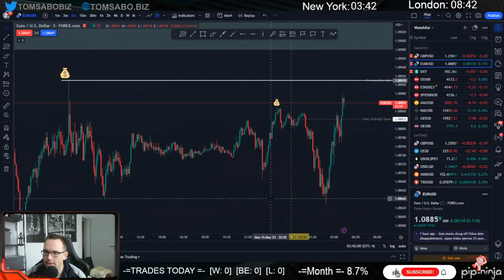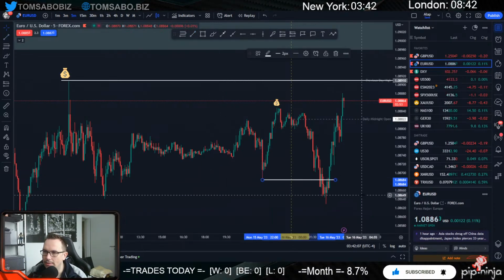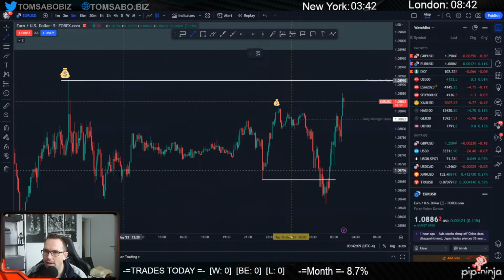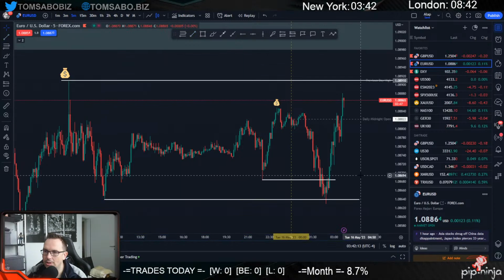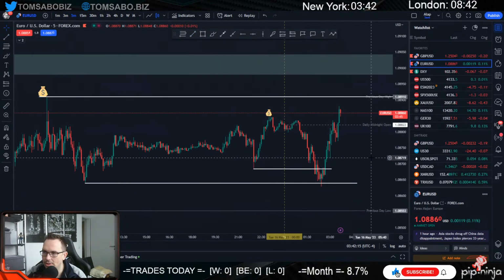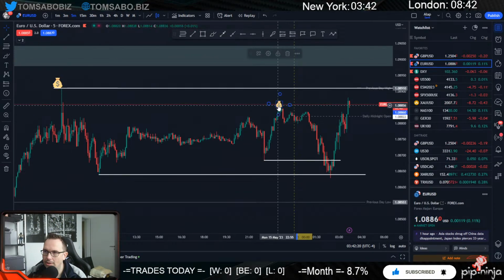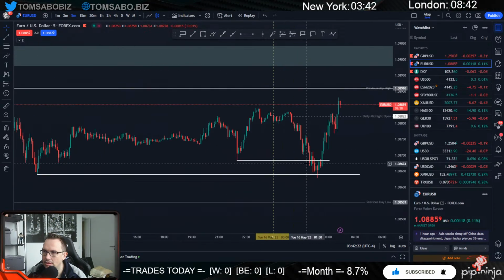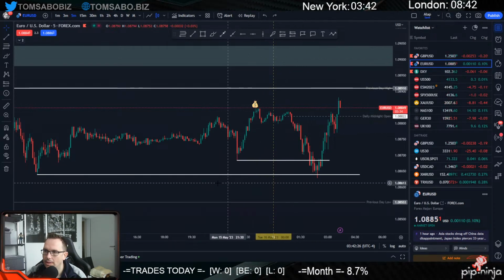But look at this. Took out Asia. Took out New York session, well, some of New York session liquidity. Took out this liquidity. So let's leave it at that, actually, for some purposes.